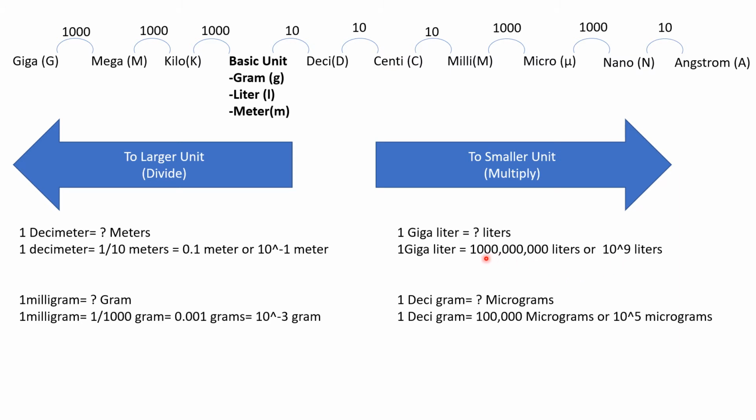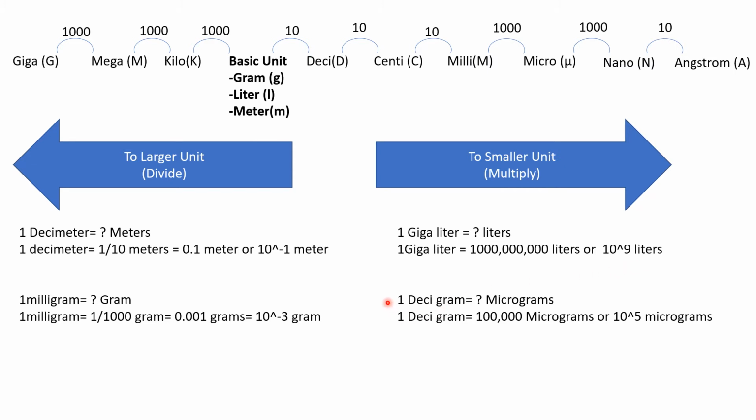So let's imagine that there is a decimal after my 1. I am moving it 1, 2, 3, 4, 5, 6, 7, 8, 9 places to the right. So in scientific notation, I could just say 1 gigaliter is equal to 10 to the power of 9 liters.